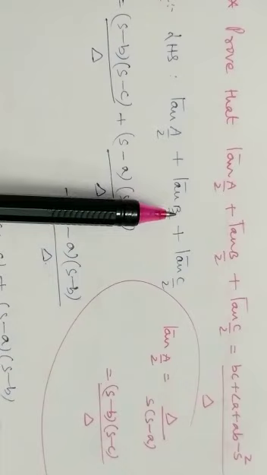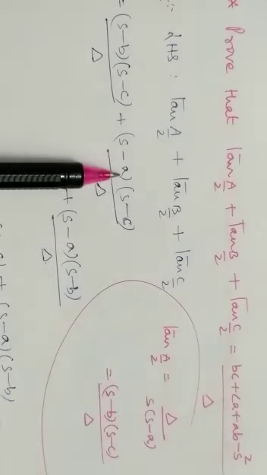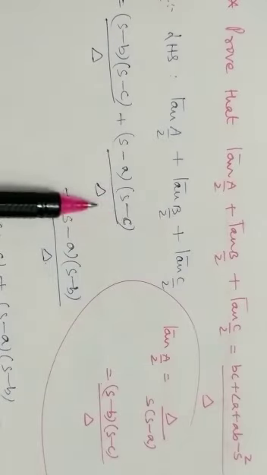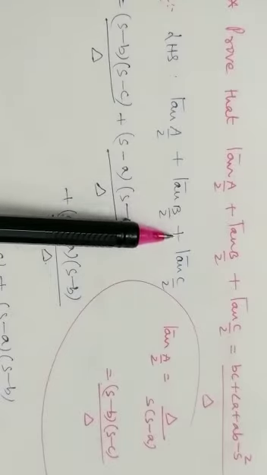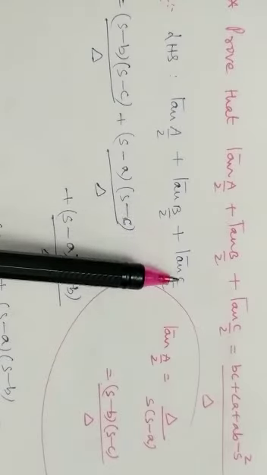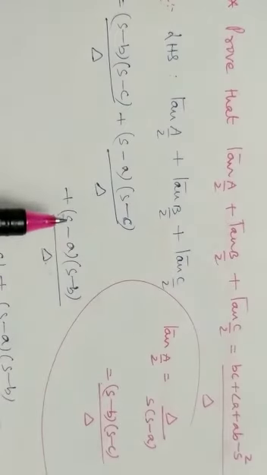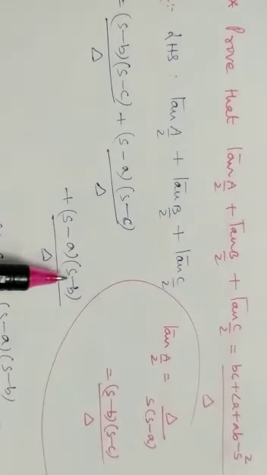Other than B you have to write (s minus a)(s minus c) by delta plus tan C/2. Other than C you have to write A and B. So the formula becomes (s minus a)(s minus b) by delta.